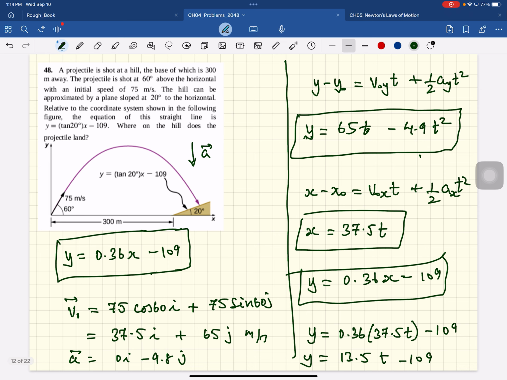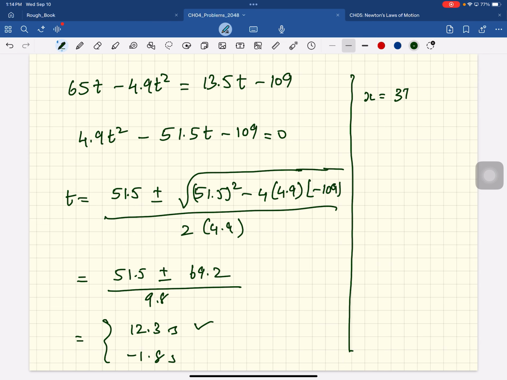X is 37.5 times t, 12.3. Okay. And what is the y coordinate?